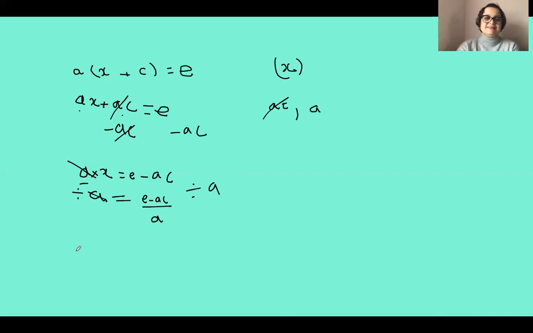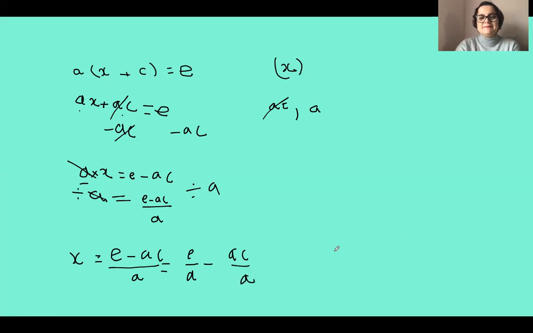So x equals e minus ac divided by a. Now I can see a here, and I like to cancel them out as well. So this fraction can be written as e over a minus ac over a, right?